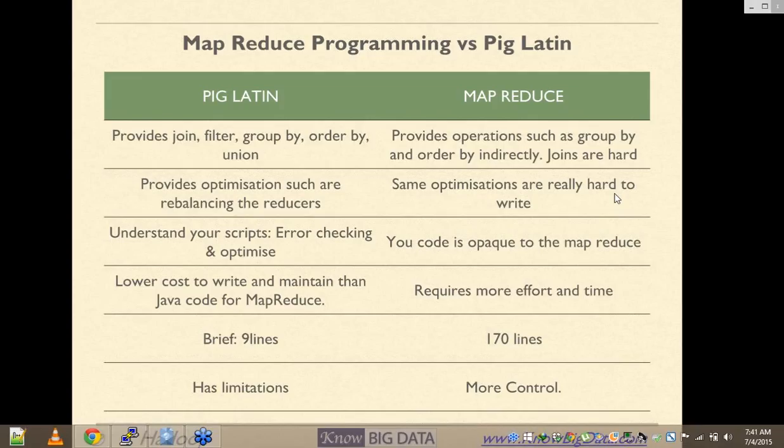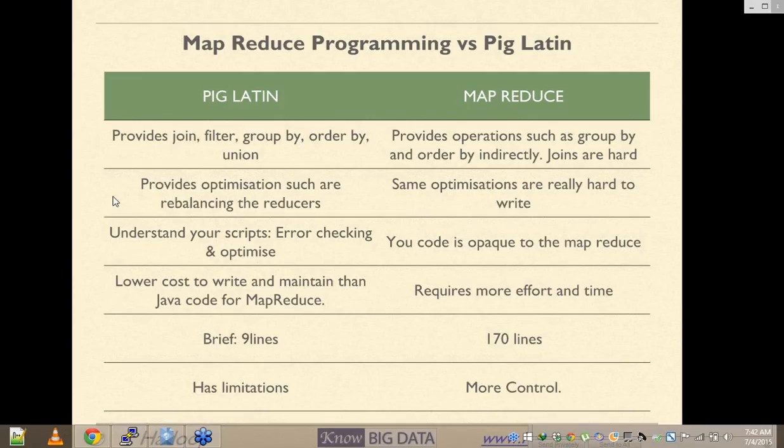Also, Pig understands your script. So Pig is a self-optimizing engine, right? Pig basically understands what you are trying to do, and it will try to self-optimize. It will try to rebalance the reducers, etc. Whereas in MapReduce, you will have to explicitly specify all those optimizations, and hence it becomes a little tough, right? So Pig basically understands your scripts.